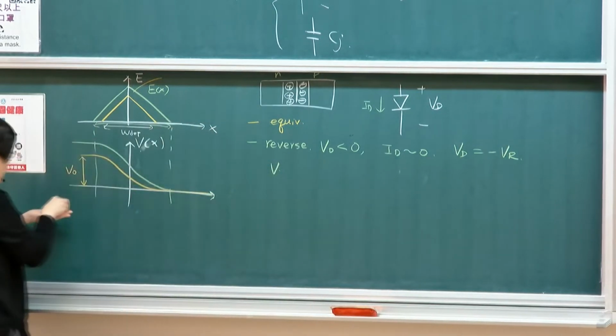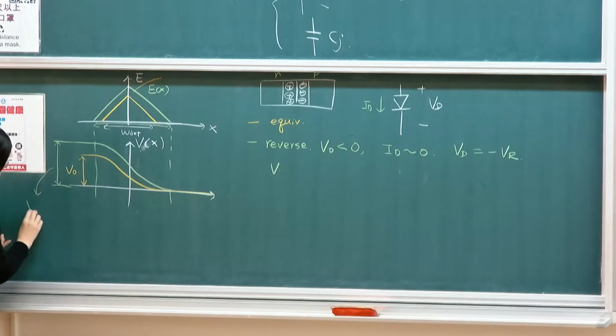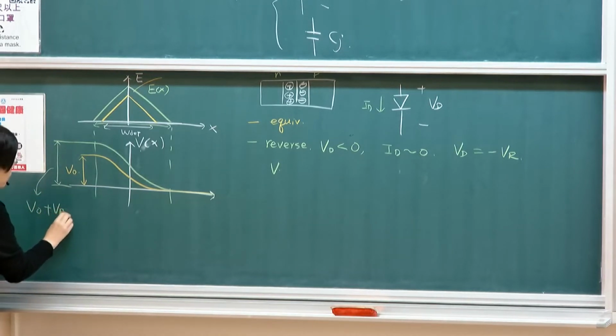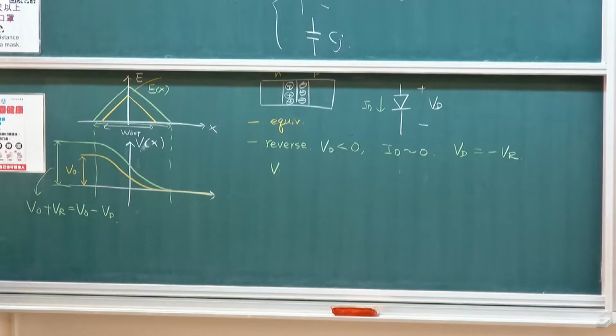The barrier height will become V0 plus VR, or the other way to write this is V0 minus VD. You're always adding, because VD is a negative number, therefore you heighten this level.